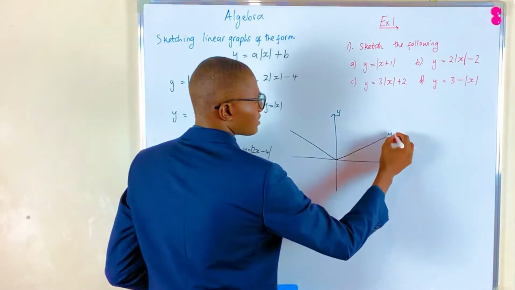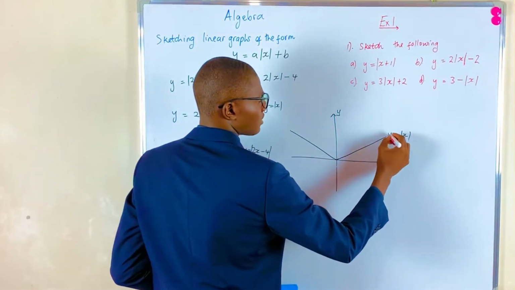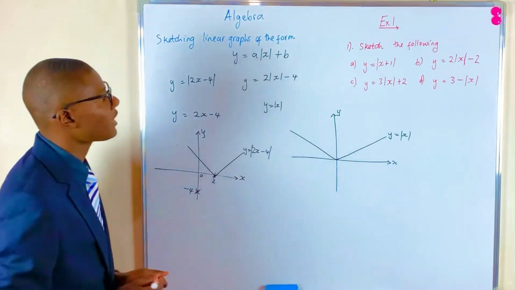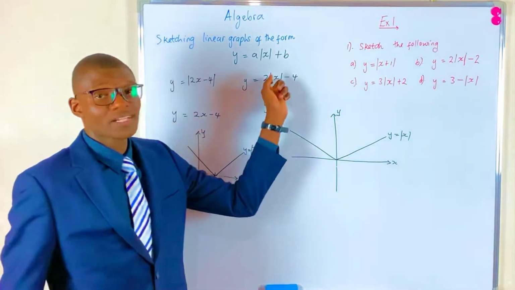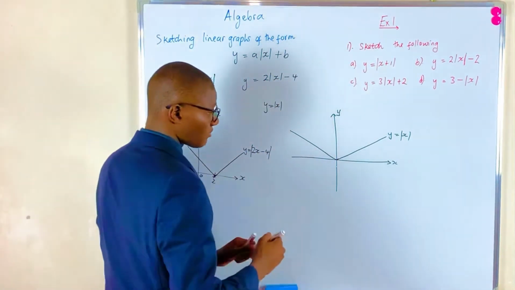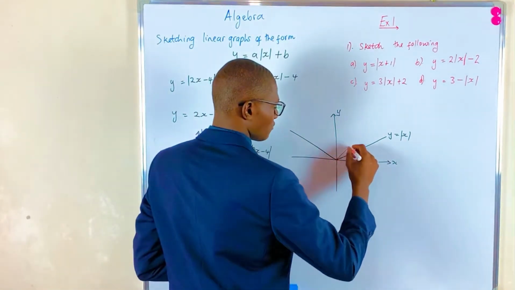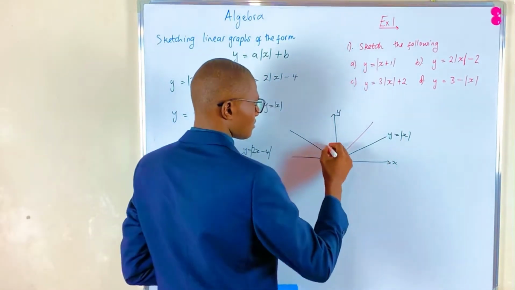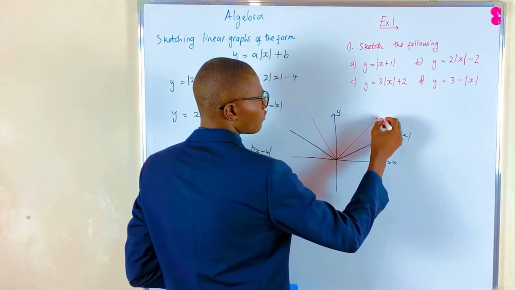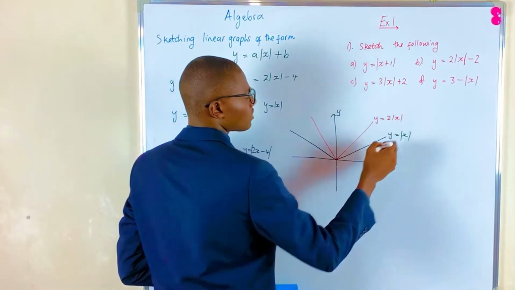Then if we stretch it by a factor of 2, it will be like this, then like that. So this is now for y is equal to 2 modulus of x.